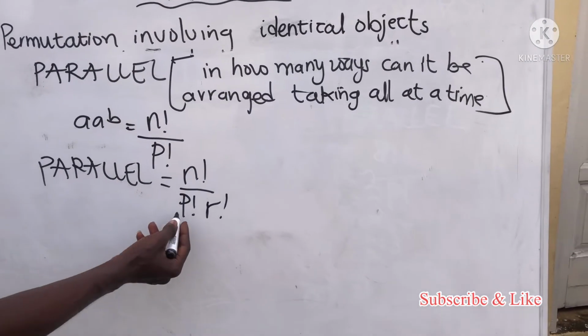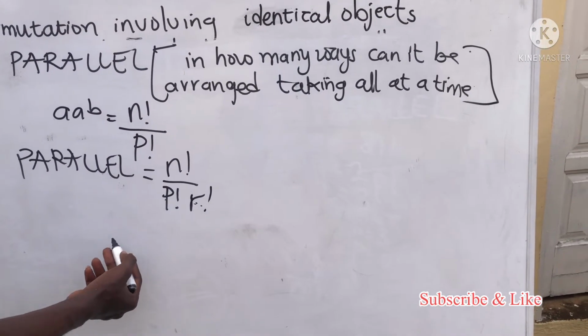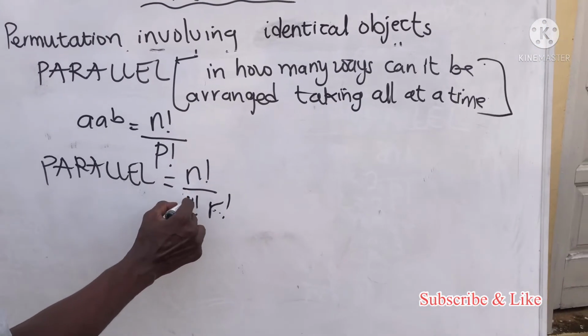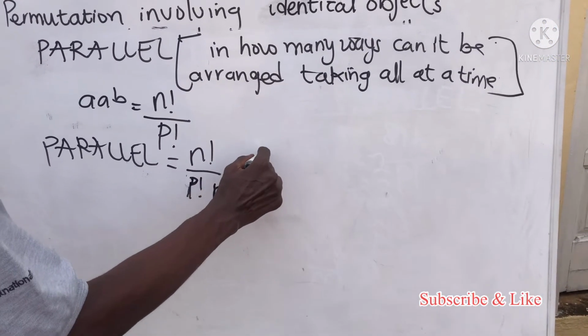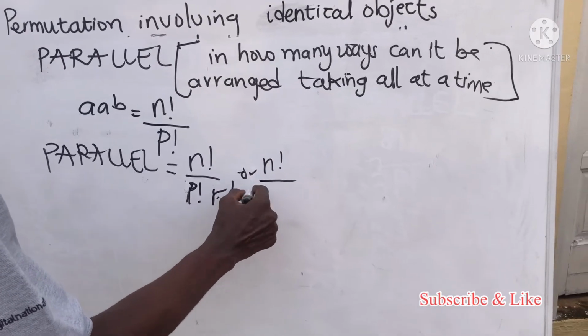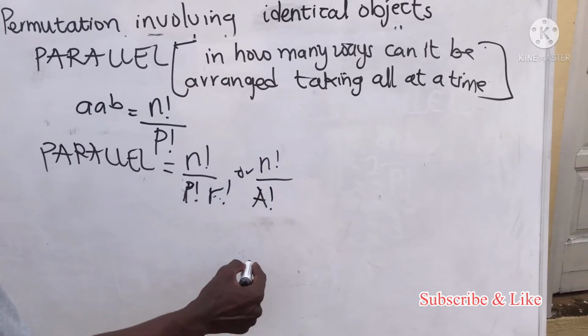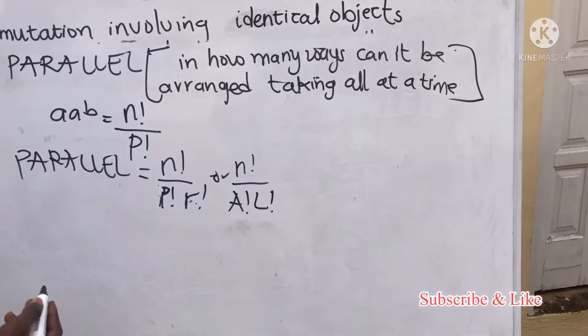You can choose to use any value you want, you can choose to use A or L. To make it clearer, we can say n factorial over the number of items repeating. So A is repeating itself, then L is also repeating itself.